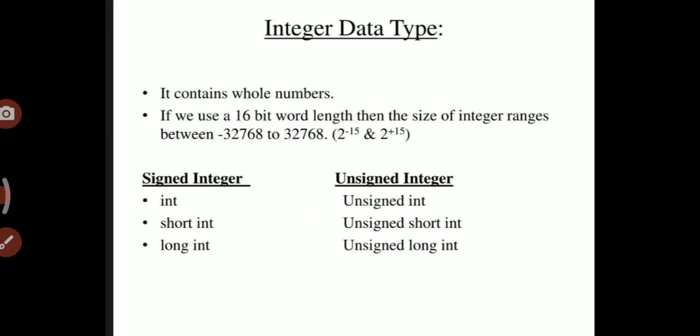Integral data types contain whole numbers. If we use a 16-bit word length, then the size of integer ranges between signed int, short int, and long int, and unsigned int, unsigned short int, and unsigned long int.